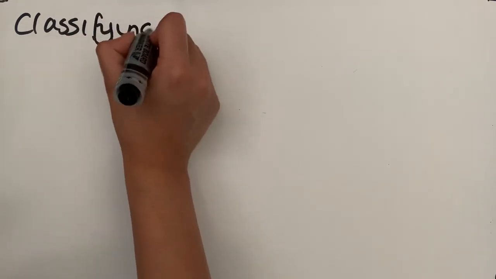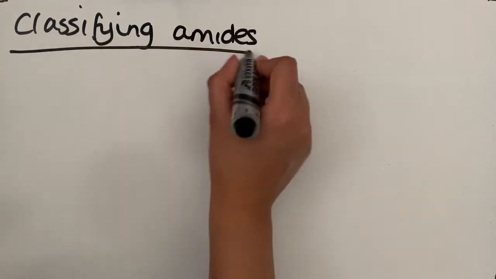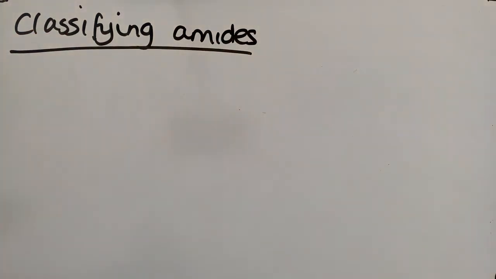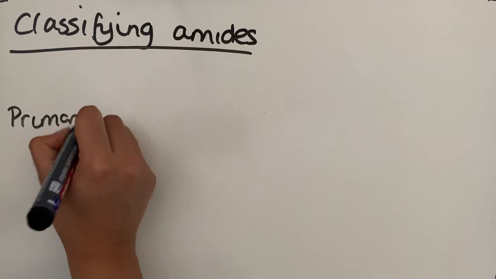Right, so first things first, let's now classify our amides. You can have different types of amides. Remember when we're classifying, we are essentially putting under primary, secondary and tertiary. So let's have a look at a primary amide.